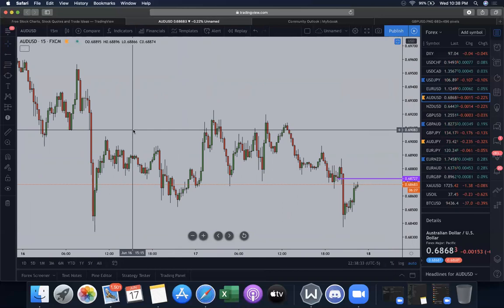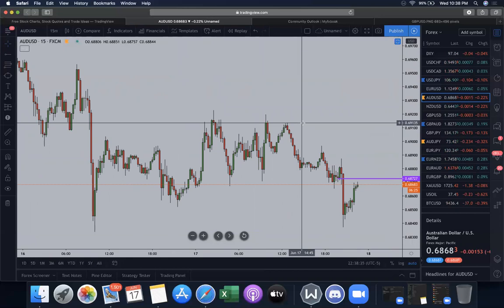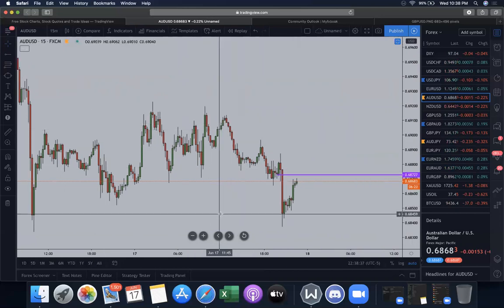Time frames don't really matter. It's just the price action that you're looking at. As long as price hits it, it hits it. That's why we're looking at the intention, because you could make any setup look good on whatever time frame.